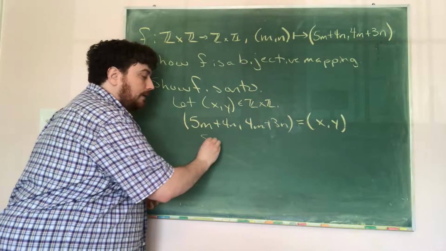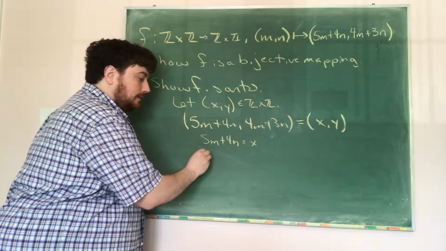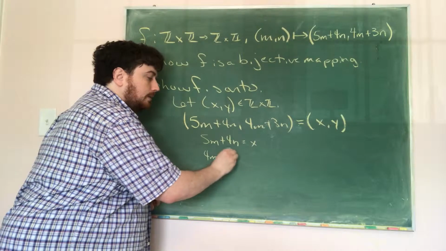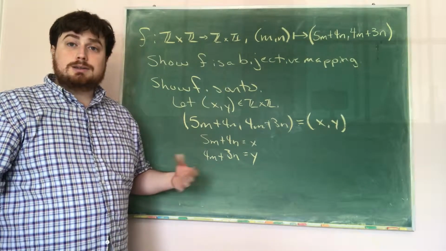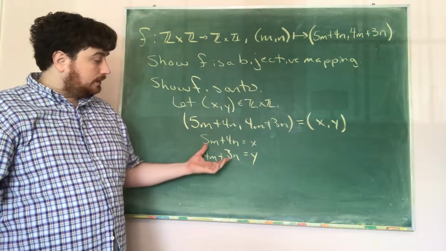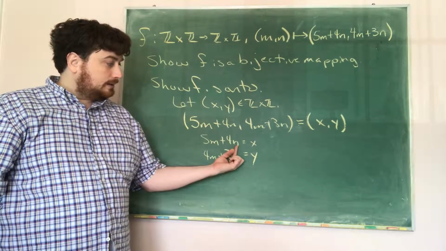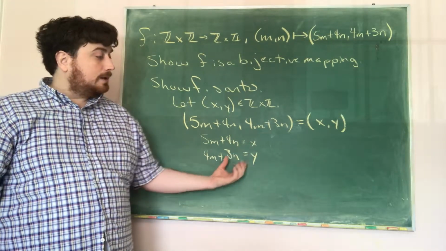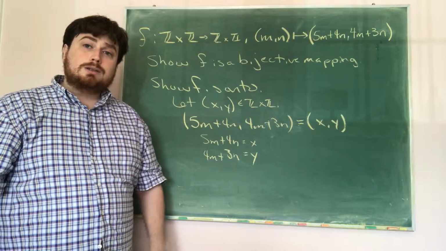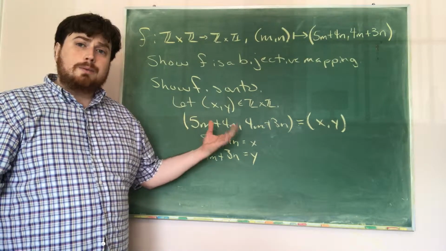So what we would have to have is 5m + 4n = x, and 4m + 3n = y. What I get is a system of 2 equations with 2 variables, and I'm going to have to solve for m and n. I'm going to treat x and y like constants, and solve for m and n in terms of x and y, so that I know which (m, n) I should choose in order to get mapped to the point (x, y).